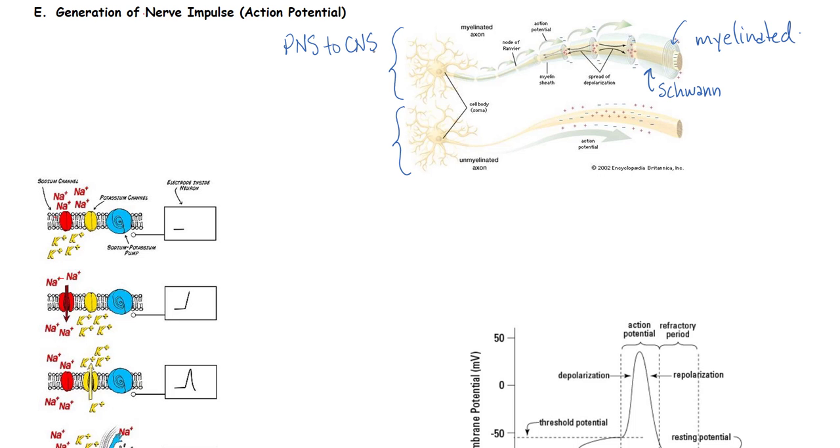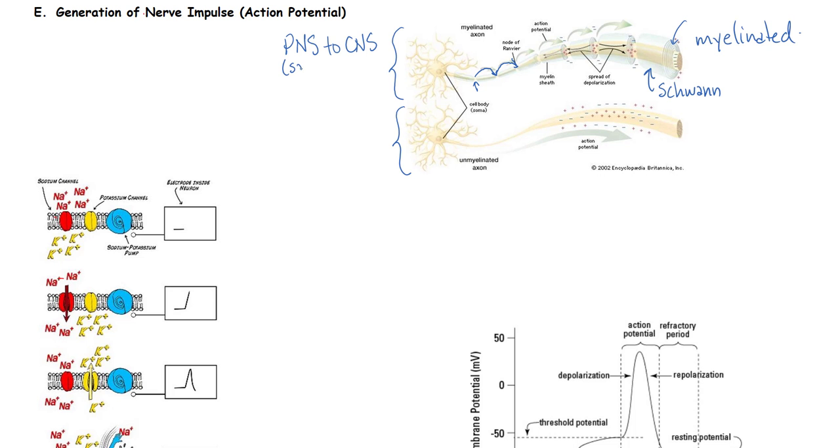And what's happening here is the electrical impulse is traveling very long distances. And so by myelinating this and creating, remember, those nodes of Ranvier, the action potential only occurs at these nodes of Ranvier. So that causes the electrical impulse to jump from one node to the other.